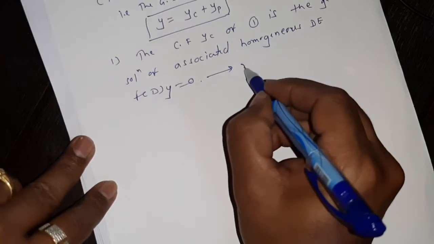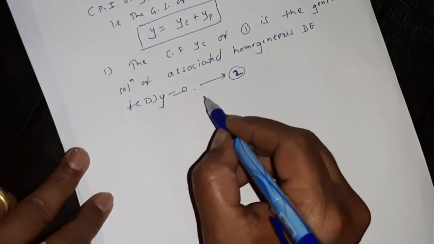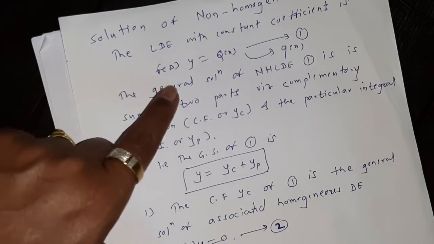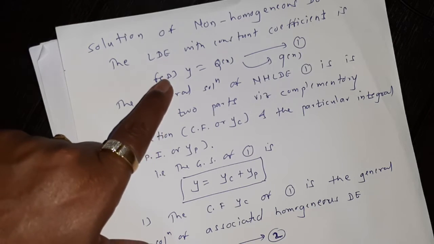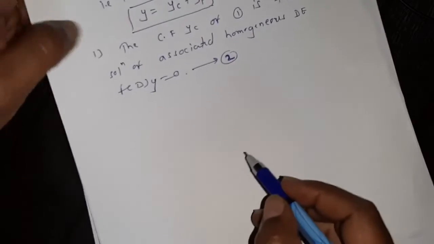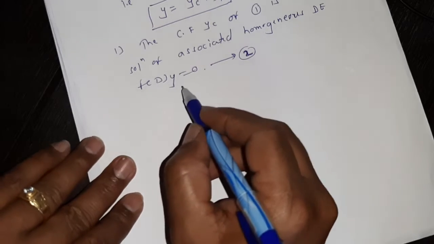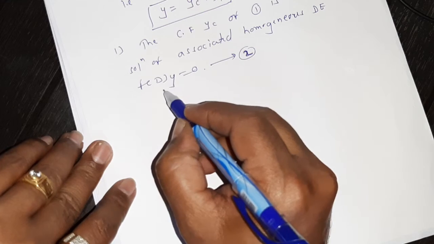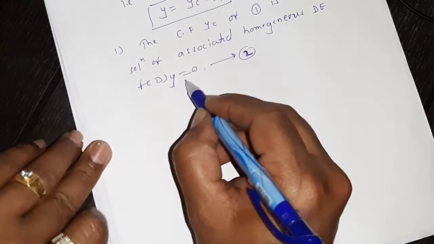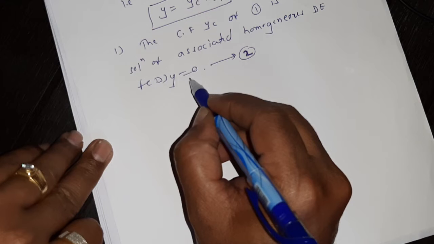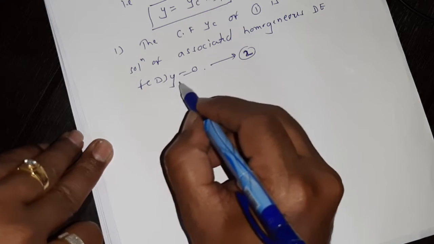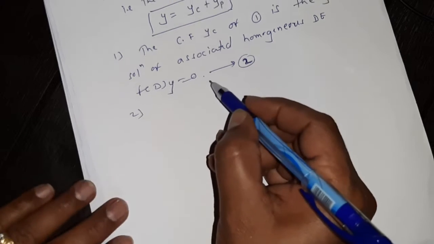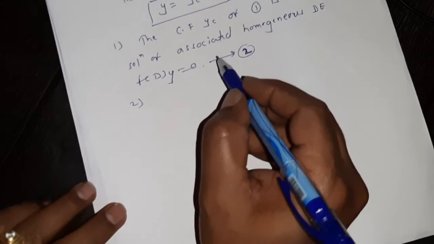Suppose this is number 2. The general solution of equation 2 is the complementary function of equation 1, which is the general solution of f(D)y equals 0, the homogeneous differential equation. We can find it using the previous topic.